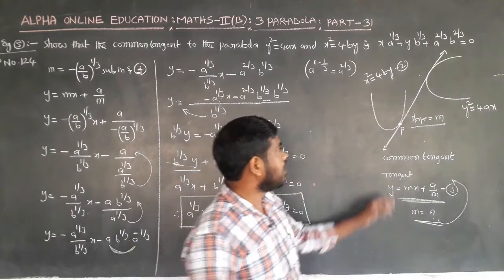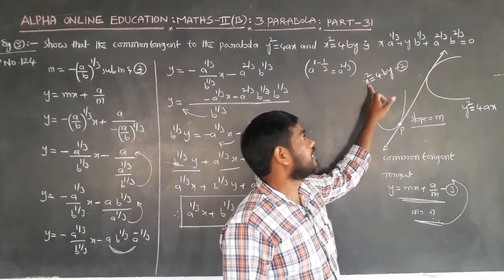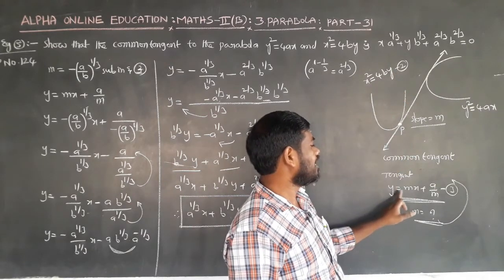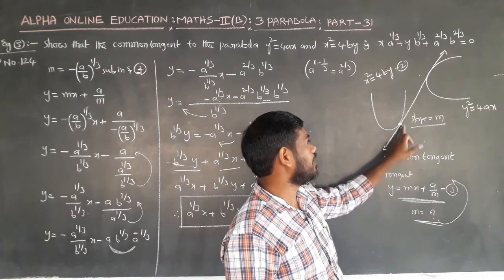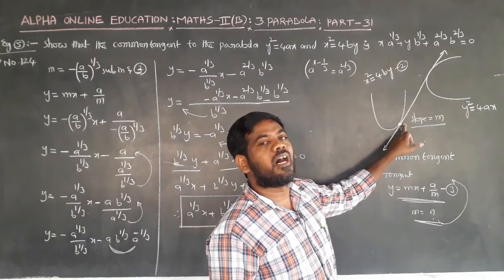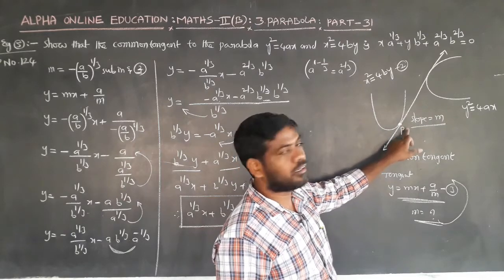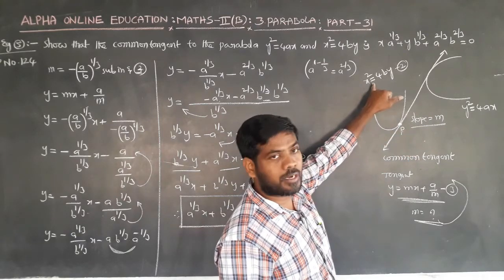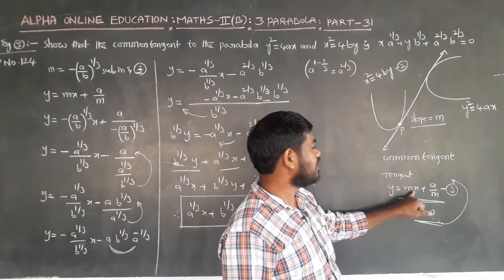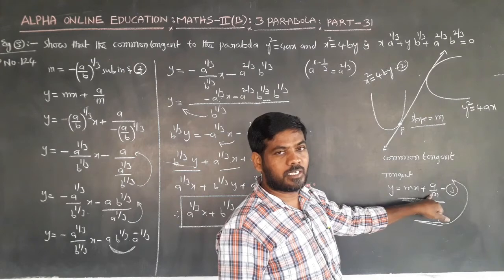So observe here the parabola x square is equal to 4by and the line y equal to mx plus a by m intersect at P. Here P is the common point to the parabola x square is equal to 4by and y is equal to mx plus a by m.